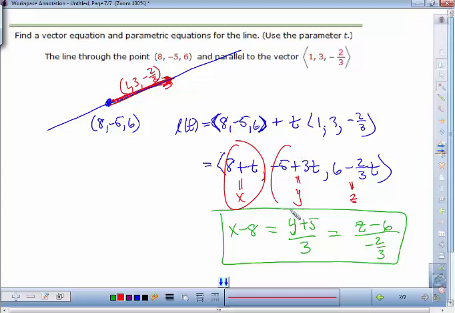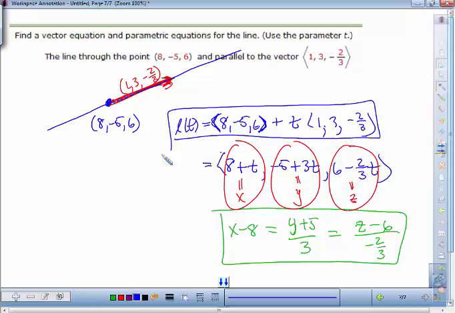Each of these equal to each other would be the parametric equations. And then, of course, your vector equation.